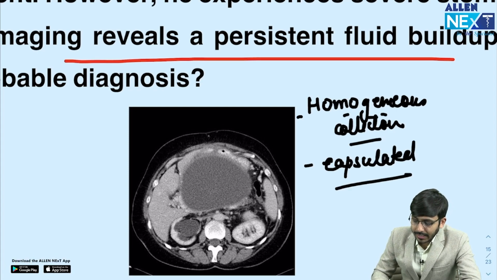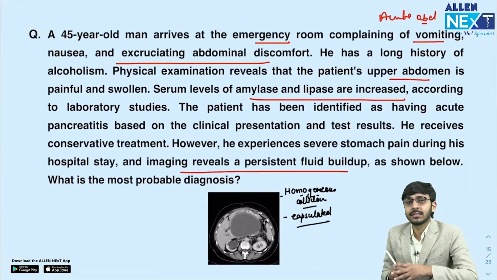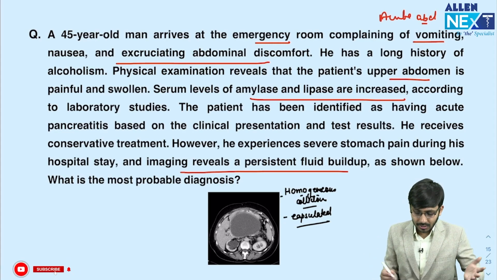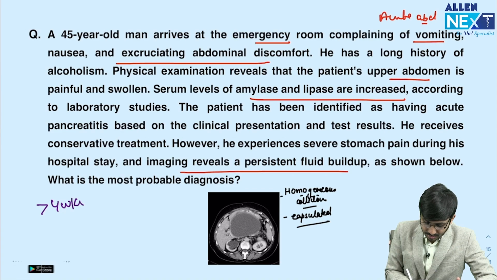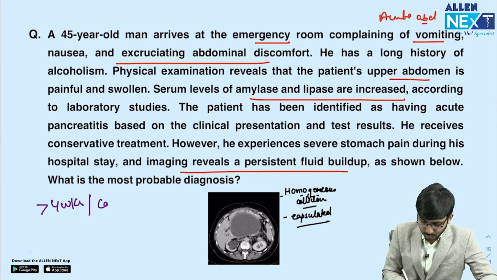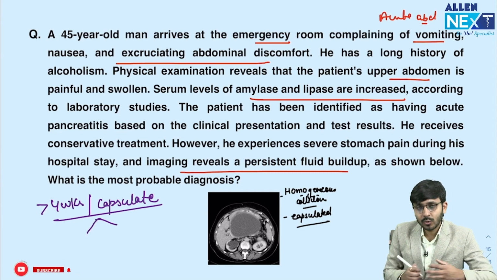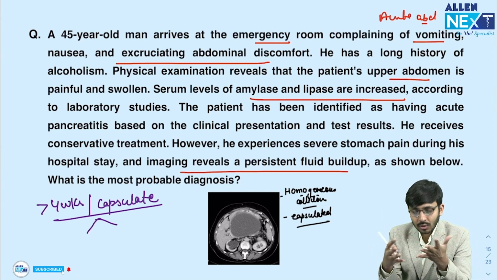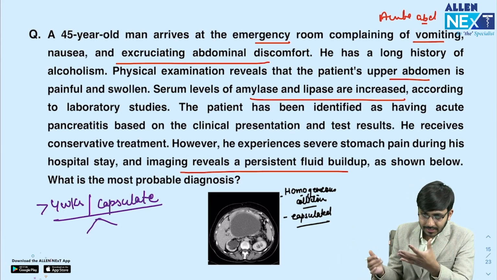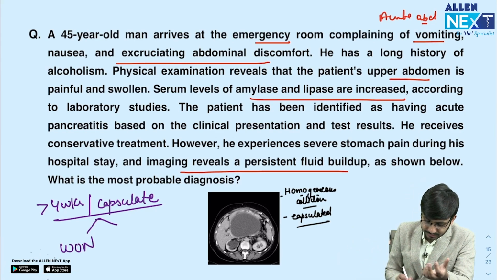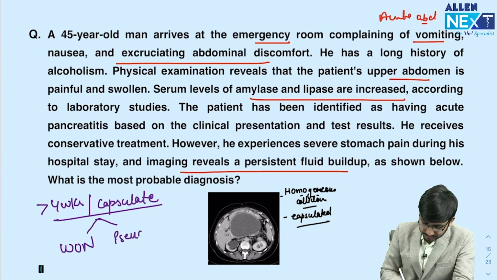So remember, in acute pancreatitis, if a collection is occurring, if the time has elapsed more than 4 weeks, or if it has developed a capsule, okay, so an acute peripancreatic collection after 4 weeks with a capsule can either be a walled-off necrosis or a pseudocyst.